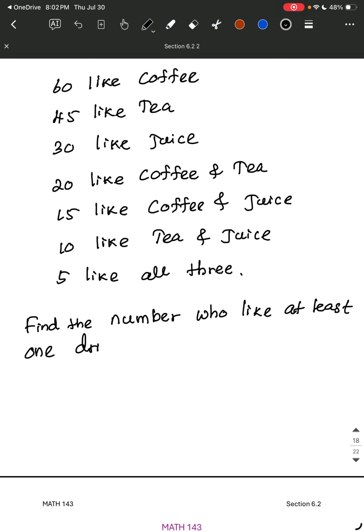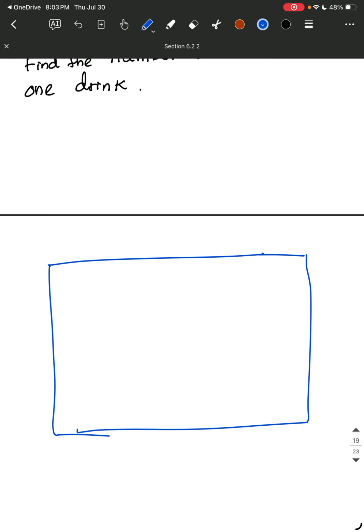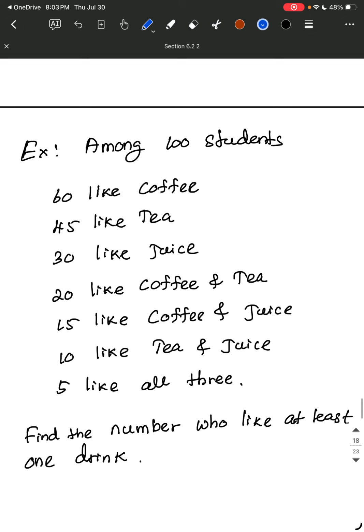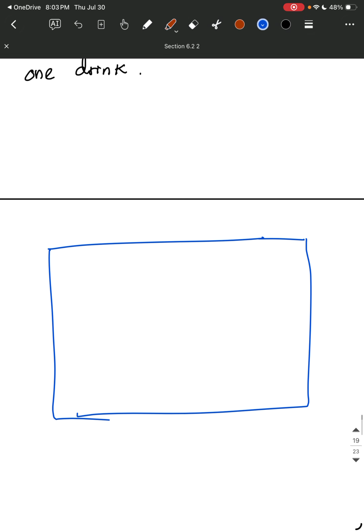Okay, before I apply the inclusion-exclusion rule, let's draw the Venn diagram. It is important to know how to draw the Venn diagram. So we have 3 sets. Let's say the universal set here contains 100 students, total 100.